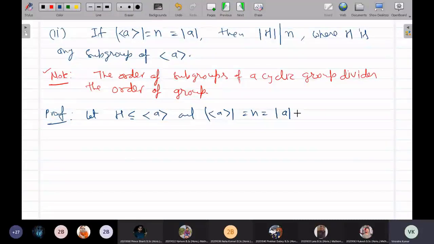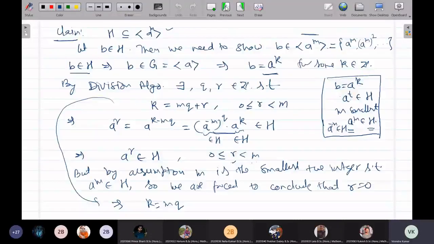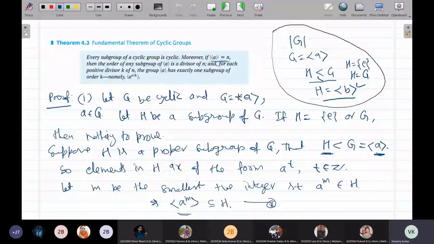And as we proved earlier, the subgroups of a cyclic group are essentially of this form: the group generated by a to the power m, where a is the generator of the group.